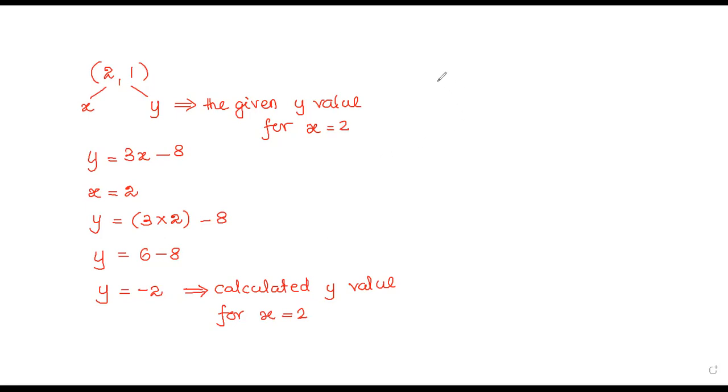So here we write: at x equal to 2, the given y value is not equal to the calculated y value.